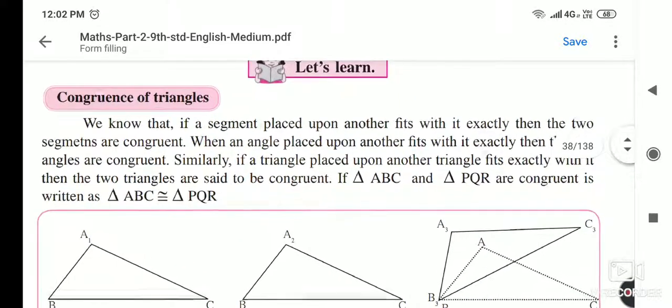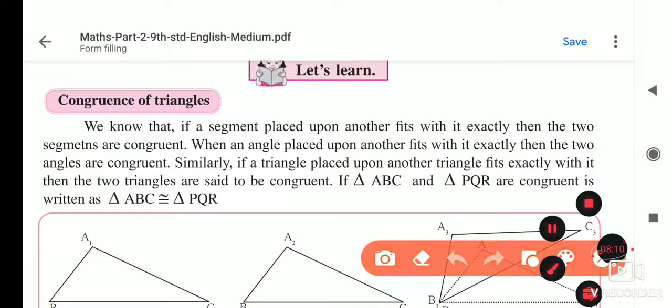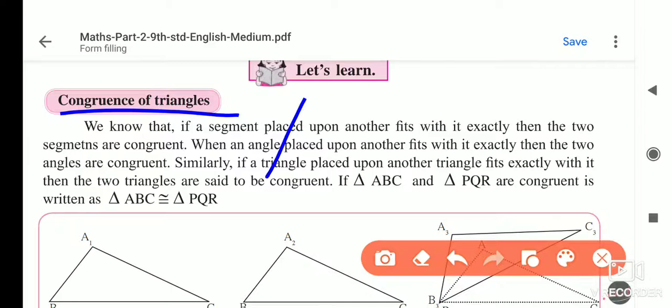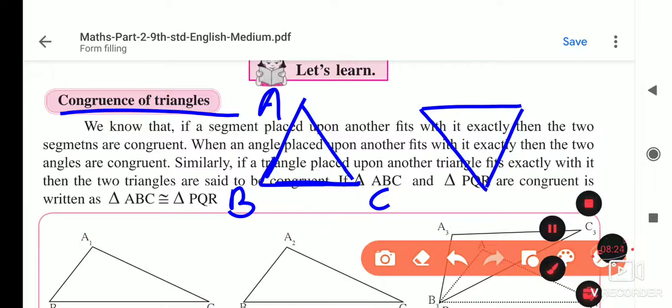The next part is the congruence of a triangle. So when we say that two triangles are congruent to each other, suppose I draw one triangle here and one more triangle here. This is triangle ABC, and this triangle is PQR.